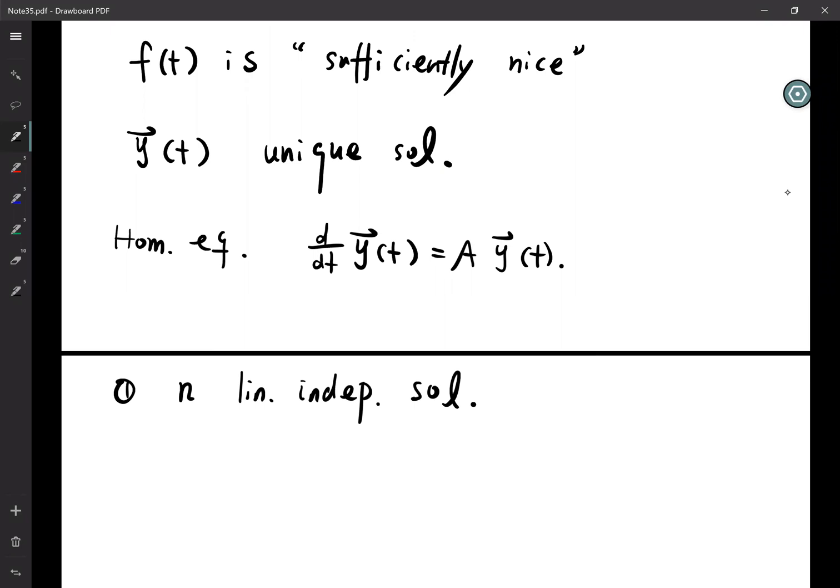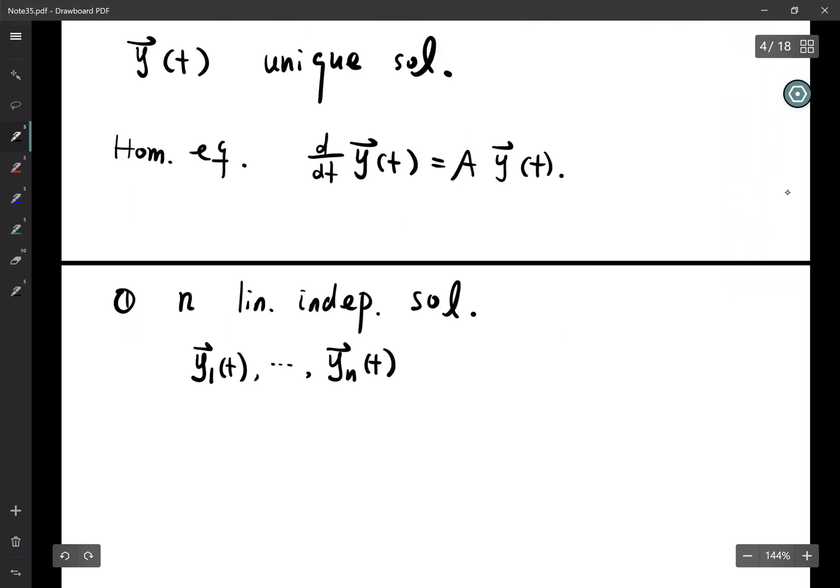We let the n linearly independent solutions be denoted by y1(t) through yn(t), and we can define the matrix collecting all the solutions, and this matrix Y(t) is called the fundamental solution, or fundamental set of solutions.